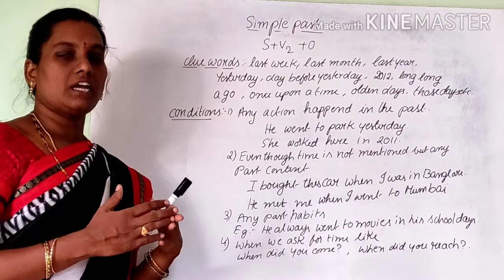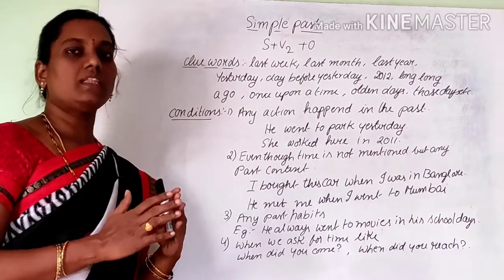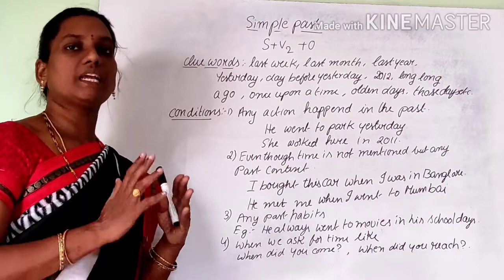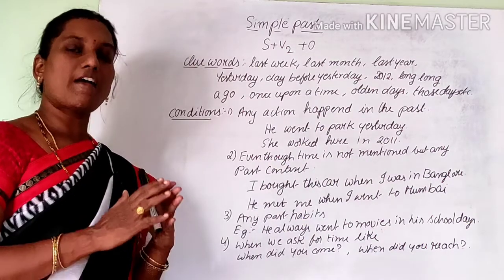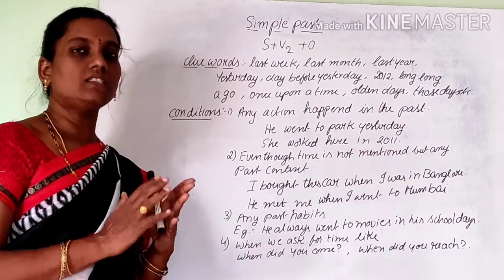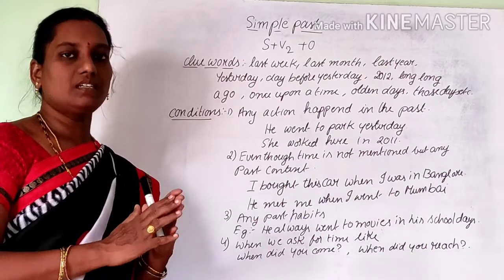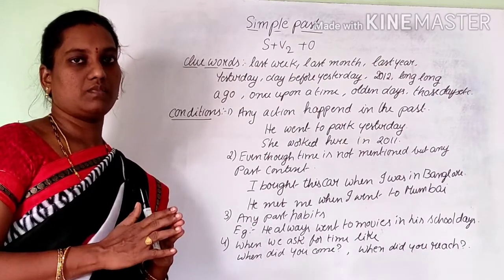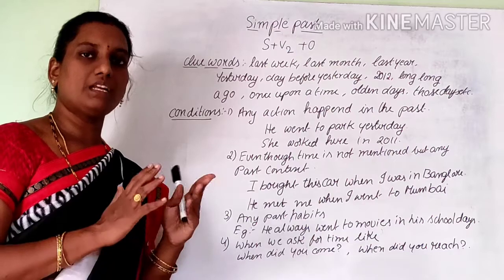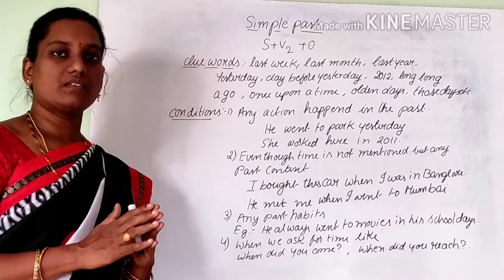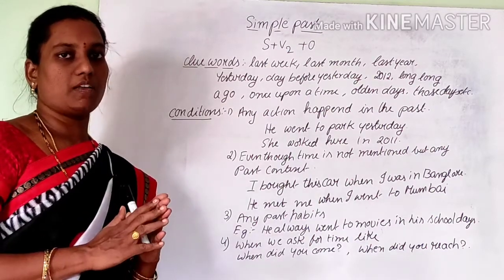All these past times are used to say that the action happened in the past. So when an action happened in the past, we should write the sentence in simple past.